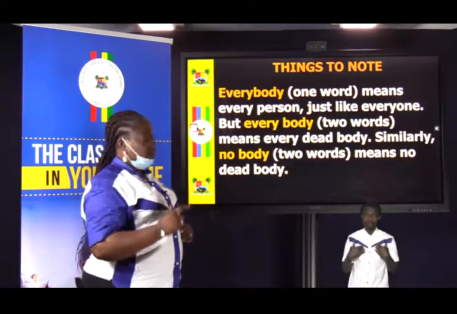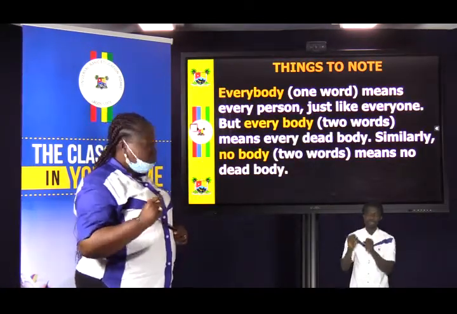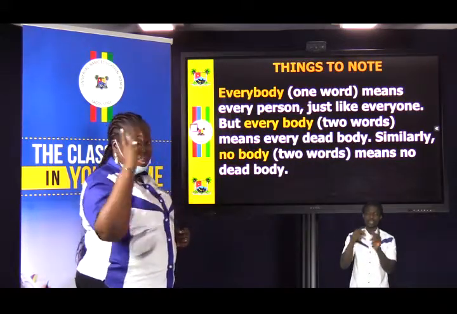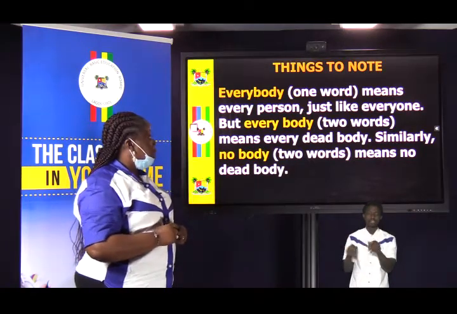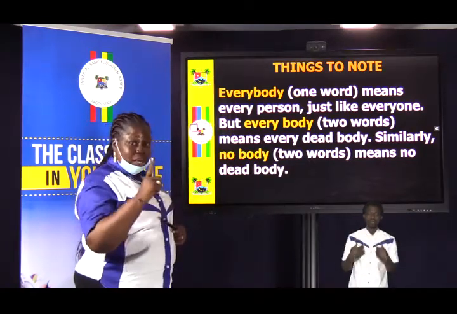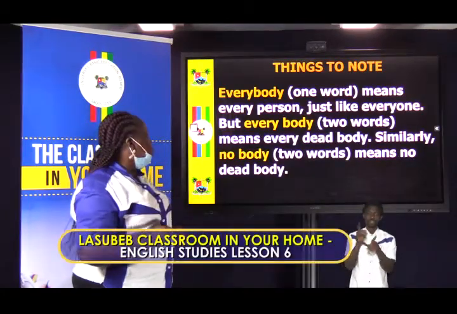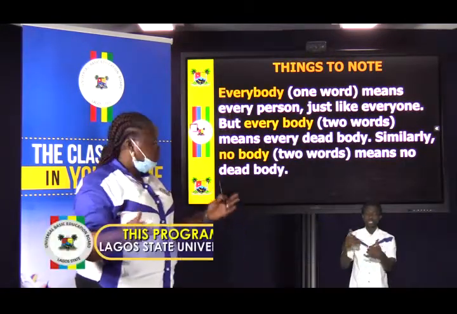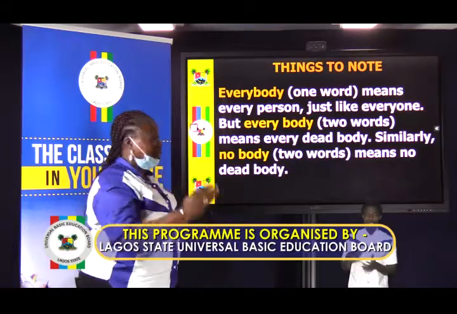Everybody, written as one word, means every person, just like everyone that we discussed just now. But when you have them written separately as two words, every body, it means every dead body.